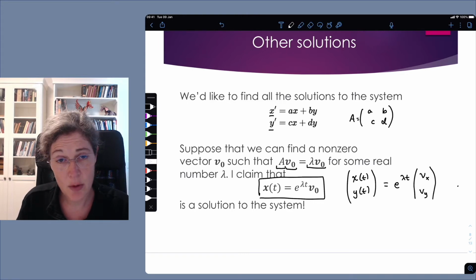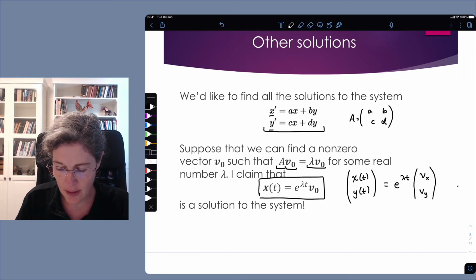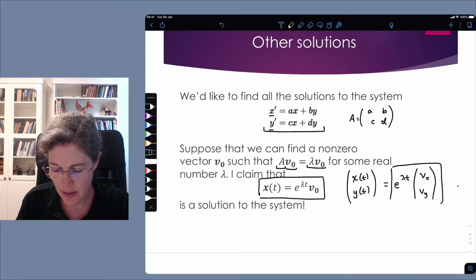I haven't proved this yet. All I'm saying is that if we have a system of linear differential equations like this, and we can find an eigenvalue and its corresponding eigenvector, then my claim is that if I construct this thing over here, that is going to be a solution to the system.